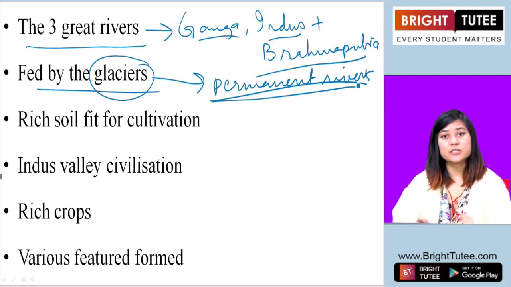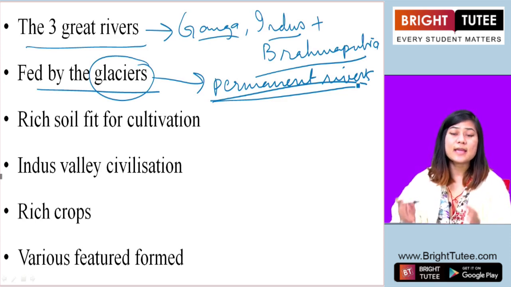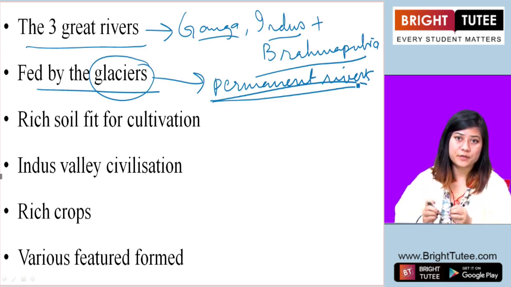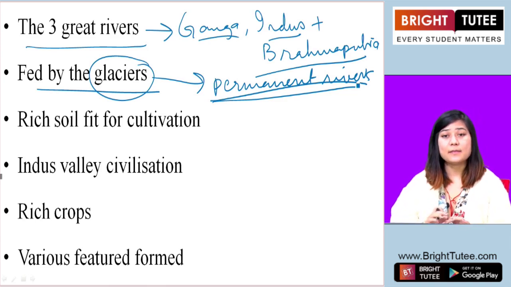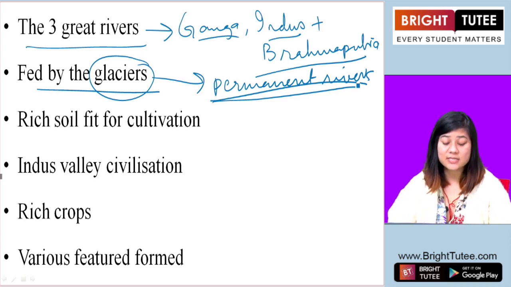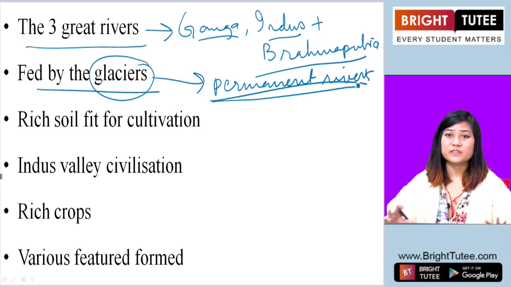Now these rivers, we know, as they flow through the Himalayas, they bring alluvium. And this alluvium is deposited at the base of the Himalayas, at the base of the hills and the mountains, and that deposit leads to the formation of the North Indian plains.